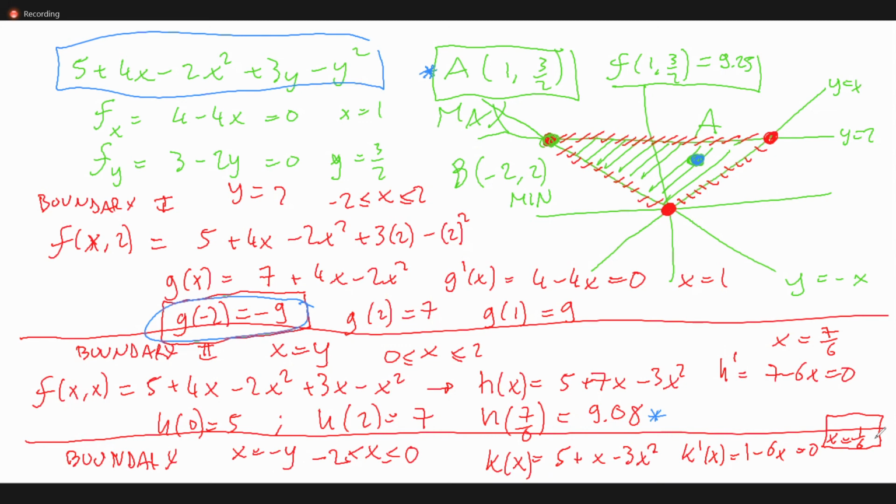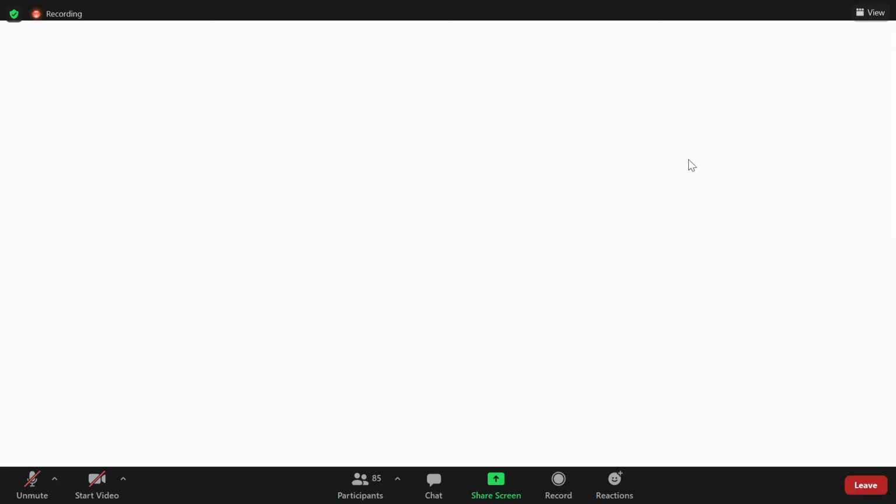One last example on Lagrange multipliers. So we have our temperature function, which is x squared plus 2x plus y squared.